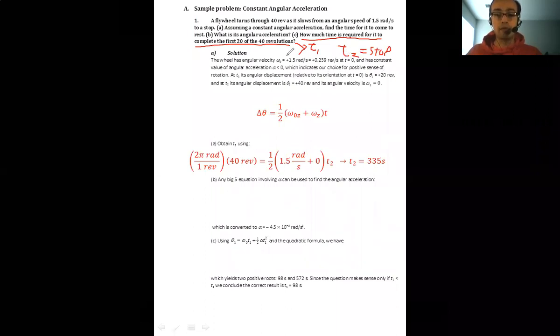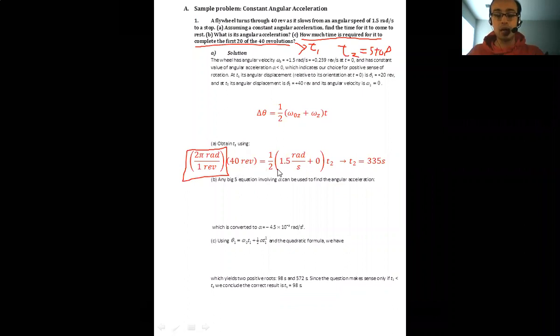We're told that that is after 40 revolutions. But what's revolutions in terms of radians? Well, we know that the number of radians in a circle is 2 pi. So it's 2 pi radians equal to 1 revolution. And that's going to be 40 revolutions here. So we know that we have 80 pi radians that we're working with on the left side of our equation.